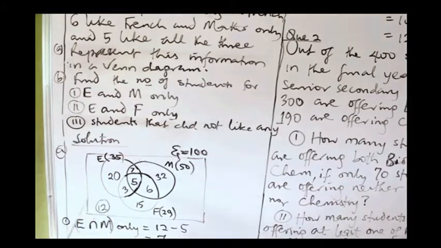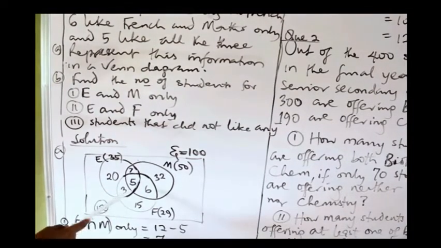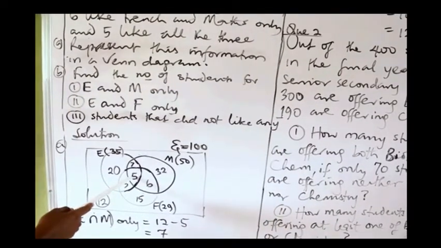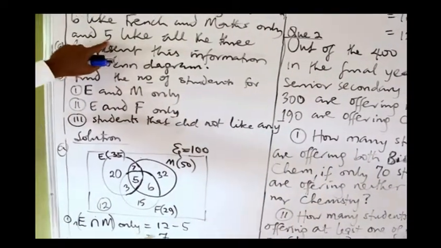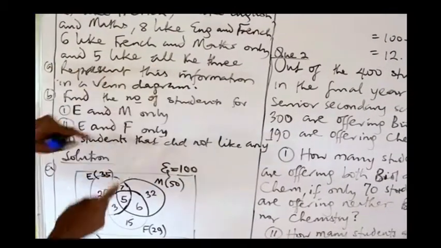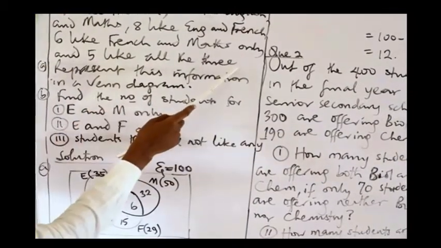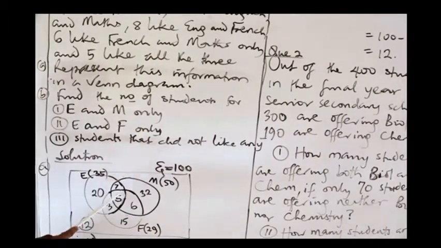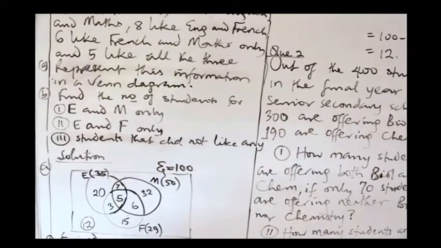They will intersect. Where are they intersecting? They are intersecting where we have 5. So these 5, which represent all the people that like the 3 subjects, will be put at the middle, where we have the intersection of the 3 subsets or 3 circles. So we put 5 here.